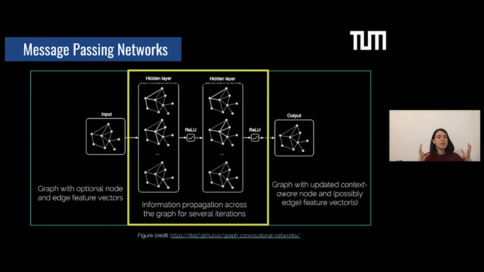So each detection is now aware of all the other detections around it, both in space and in time, depending on connections. After this information propagation, this is the message passing step, then we have the classification. So our features have been updated with this information propagation, and now we can classify these edges into active or not.